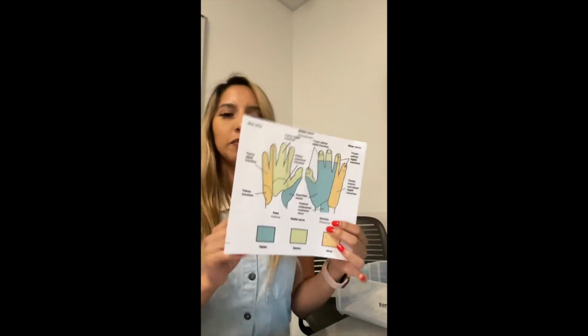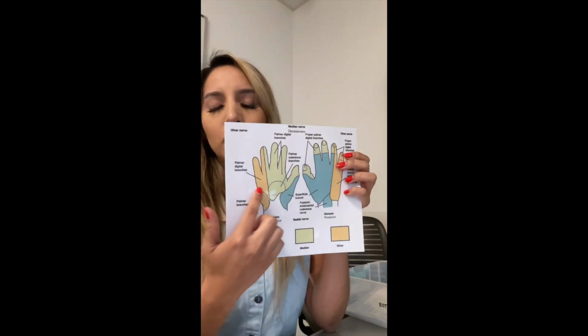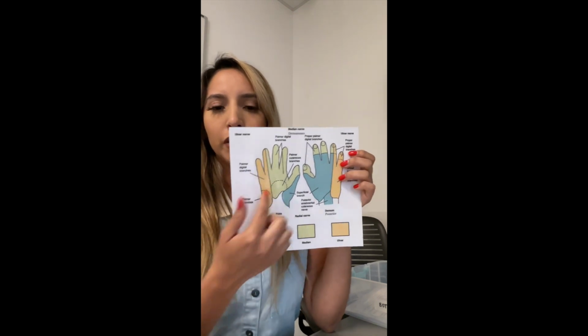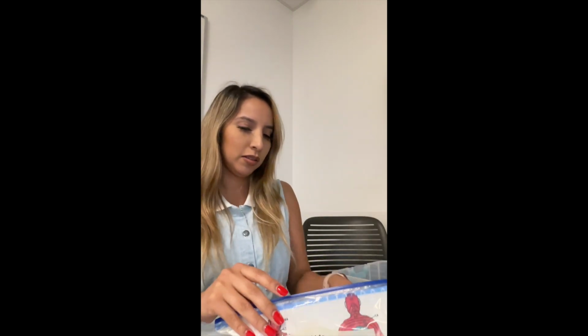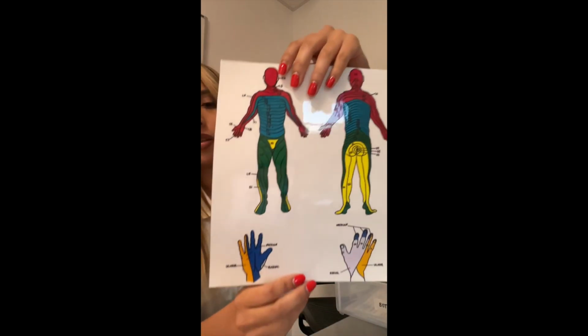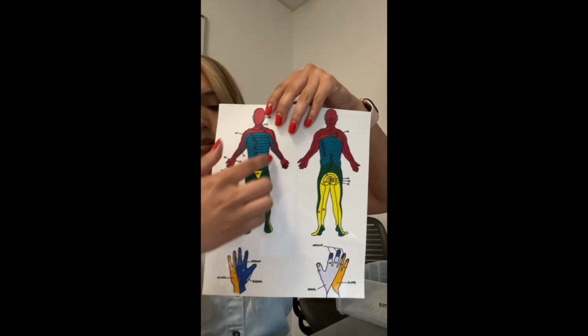Okay. And I have the dermatomes for the hands, just to show where you're touching and what areas they need, mapping out the hands. And then I have another dermatome chart that shows the hands and the body.